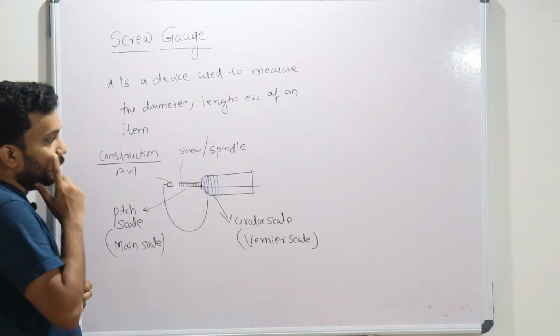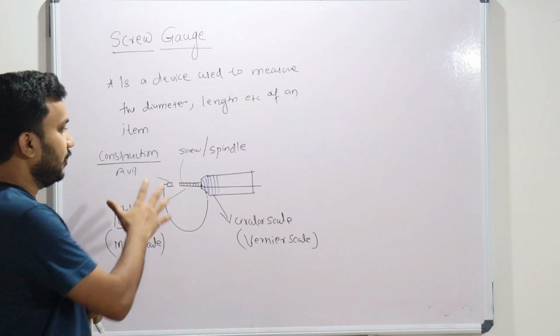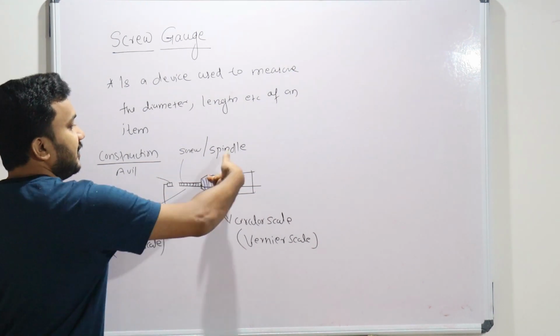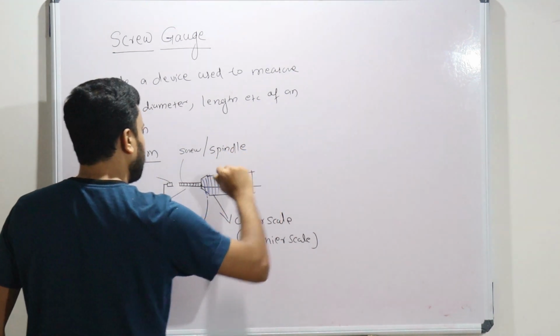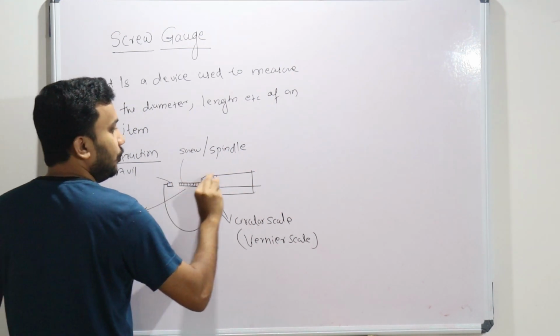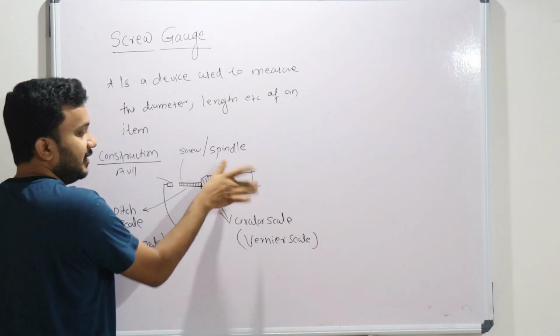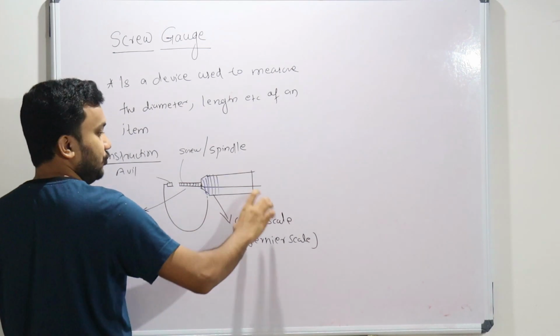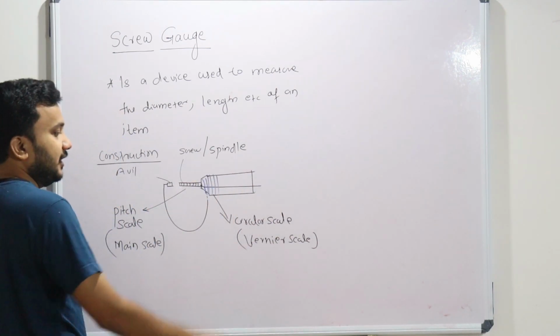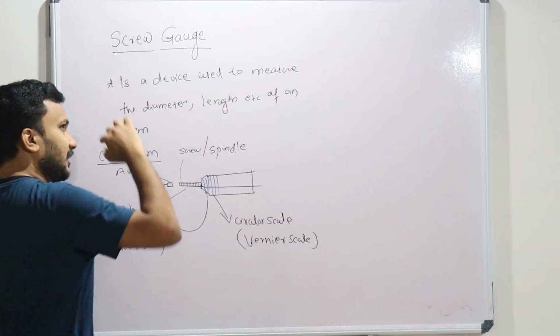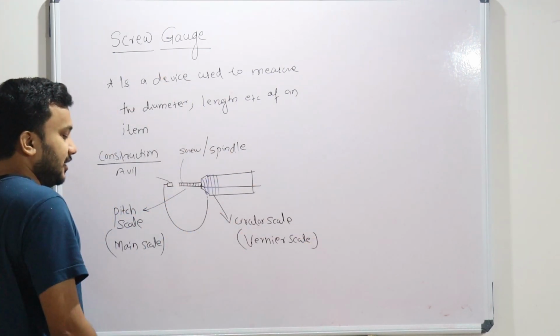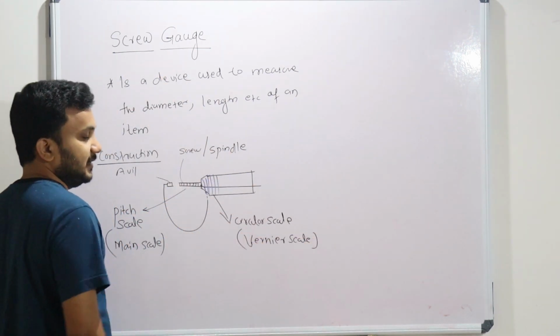Now, as I told before while looking at the diagram, the main purpose is this: if you are making this loose, this screw will go inside this bigger area, to the circular scale area. Here I am using the circular scale and pitch scale; in vernier caliper I am using the main scale and vernier scale.